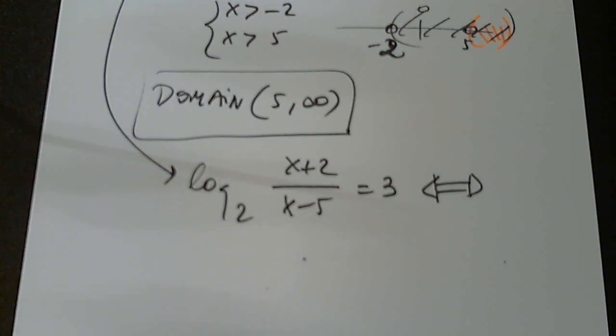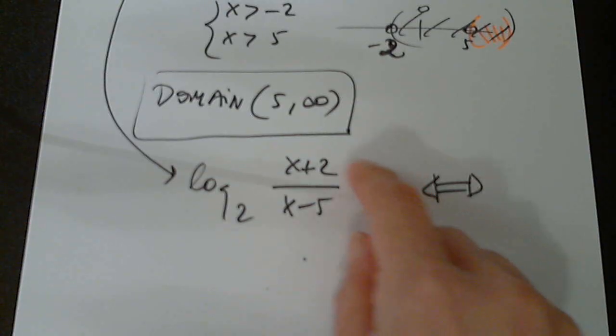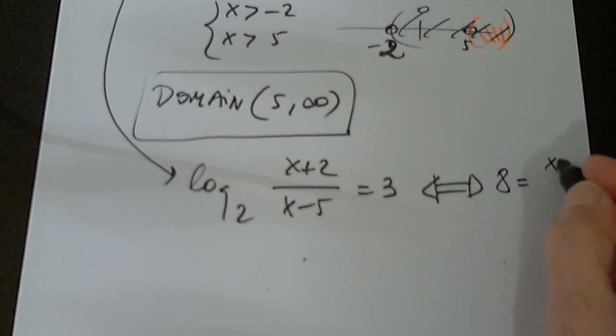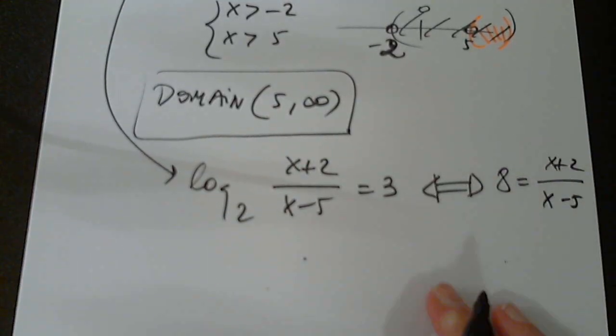How do I do that? The base raised to this number equals this. So 2 to the third, which is 8, equals (x + 2) over (x - 5).